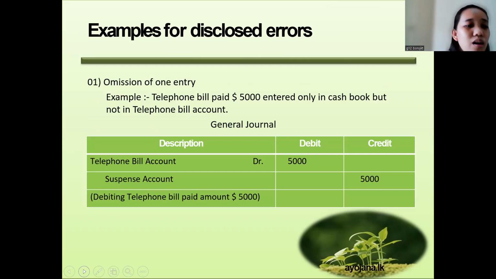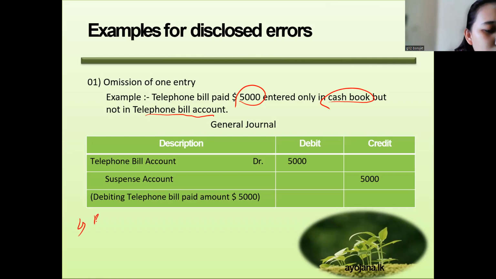For example, omission of one entry. So what does that mean? Example, telephone bill paid 5,000 entered only in the cash book, but not in the telephone bills. So the right entry, we should put telephone on the debit side 5,000 and then cash on the credit side.